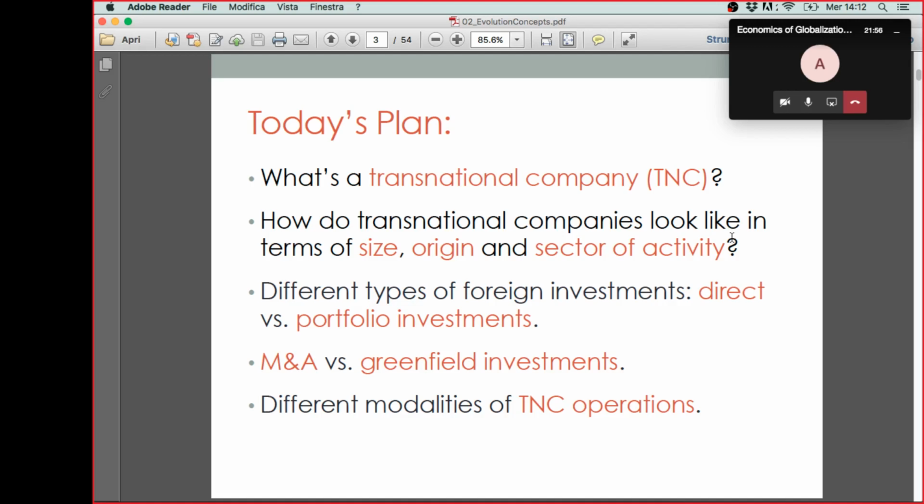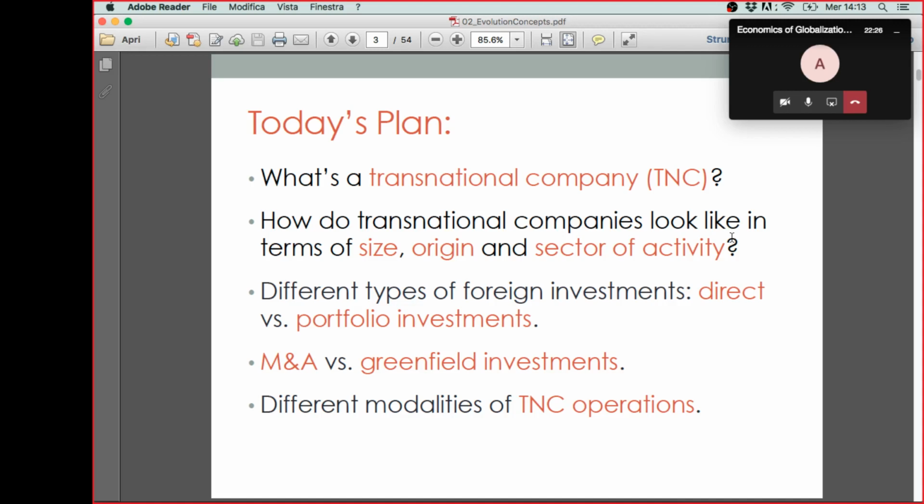On Friday, we will deal with the last two bullet points in this list, which is an analysis of data with respect to the evolution over time of mergers and acquisitions and greenfield investments. Both aspects, as we will see, can be related to multinational companies. And finally, we will discuss different modalities of international operation by transnational companies.